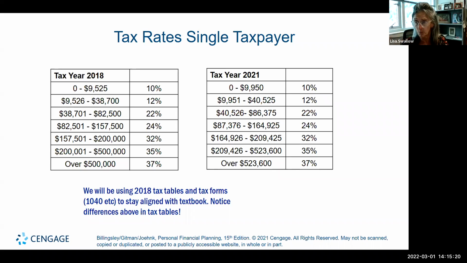And then I want to make a couple points, and then we'll move on to the lab chat, okay? So you need to have access to either this slide or the tax rates are on page 104. Okay, so I'm going to pull this down. Everyone with me?